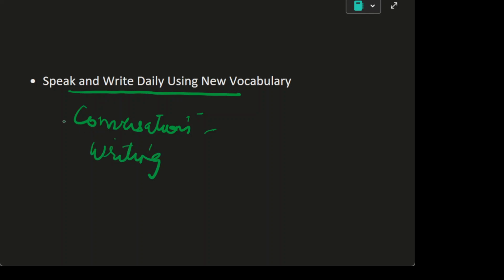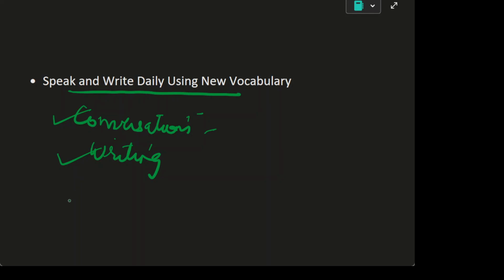When you use them in conversation and writing, it promotes better retention. You can practice TOEFL speaking tasks 1 and 2 with newly learned vocabulary so that you can apply it. And you can also compose brief essays or journal entries each day.